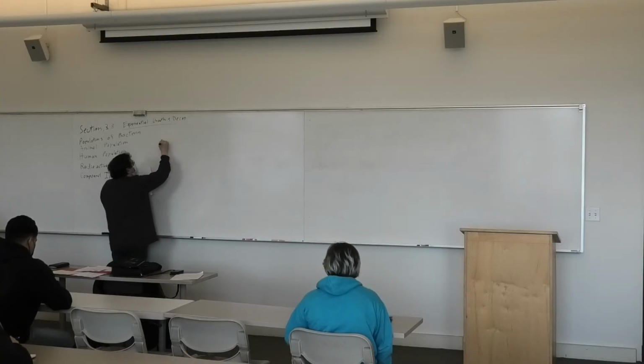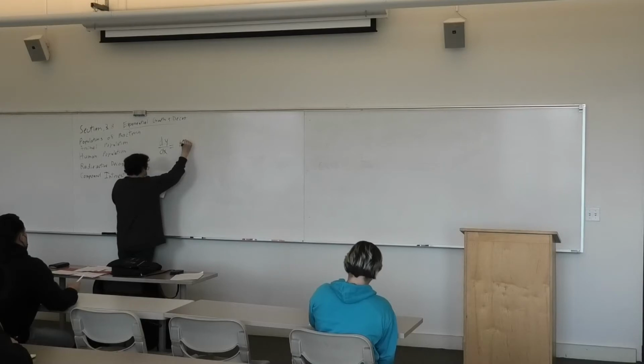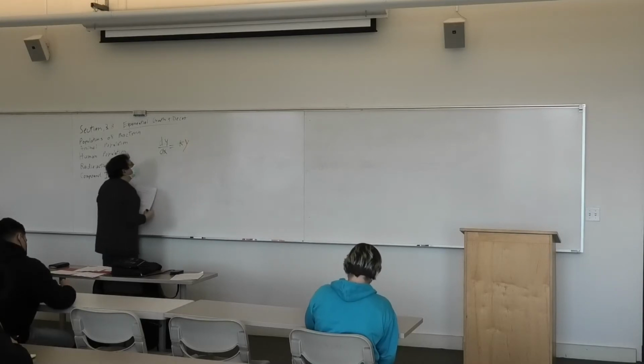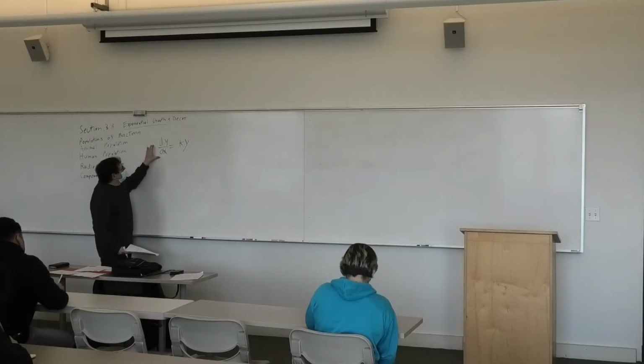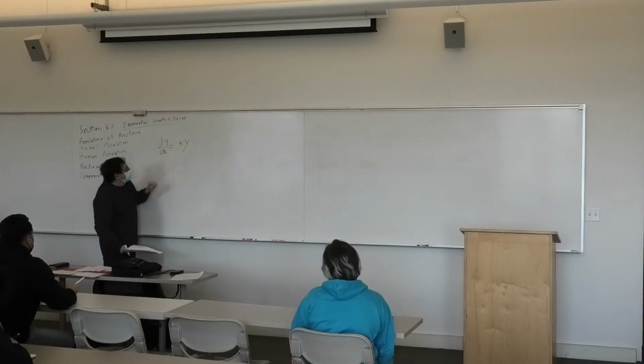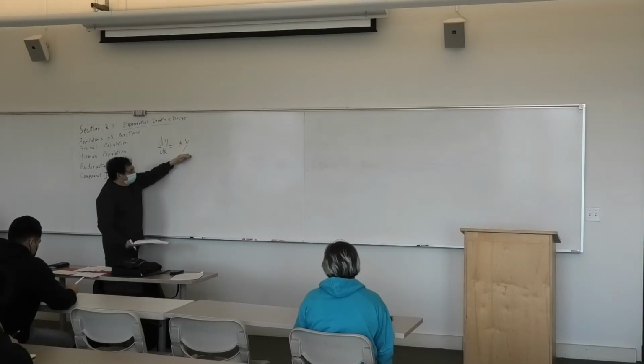I'm going to write an equation here: dy/dx equals k times y, where y is some function, k is some constant, and we're equating the derivative, the rate of growth or decay of this function, to the value of the function itself. If k is negative, it's going to be decay, right? It's going to decrease.